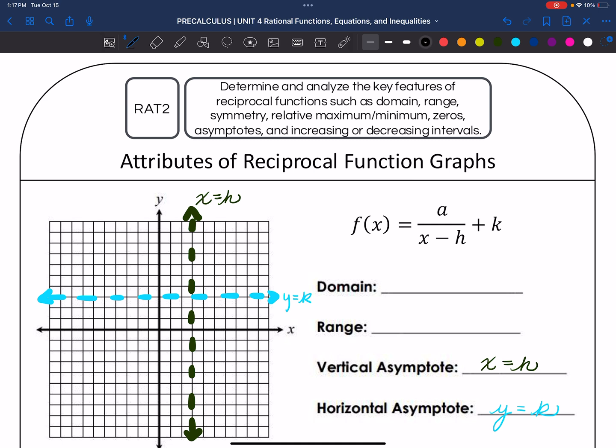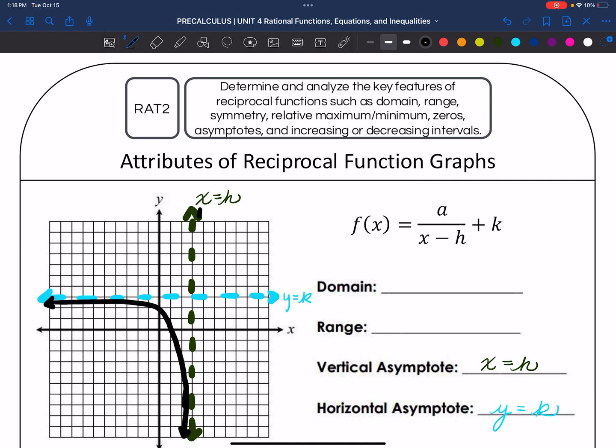Now here's the structure, or the shape, that your reciprocal function would take. If your a value is positive, the end behavior would be such that it approaches that horizontal asymptote, and then it would bend and go downwards, because it can get close to but can't actually touch the vertical asymptote.